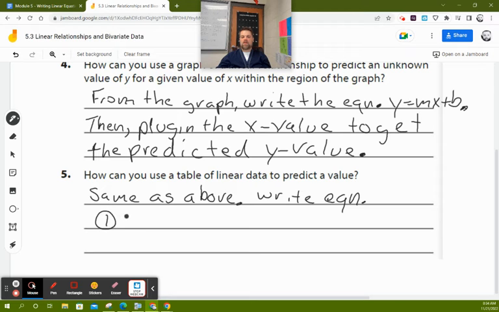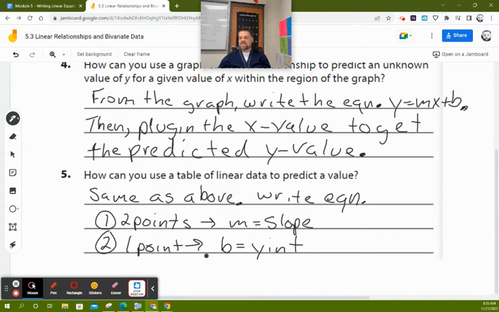One, we're going to take 2 points, and we find m, which is the slope. 2, we take 1 point on the graph, or in this case from the table of values, and we find b, which is the y-intercept.